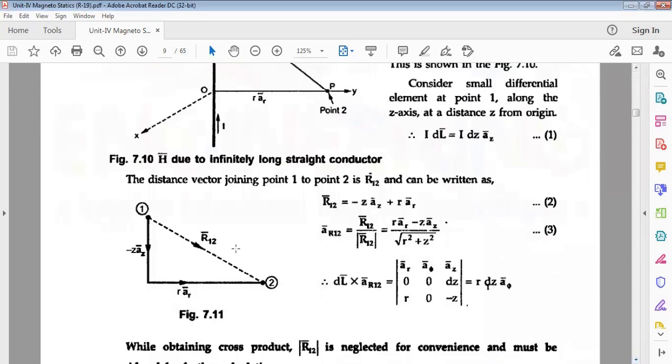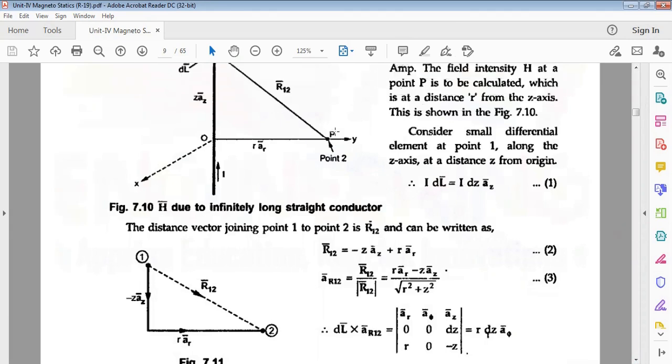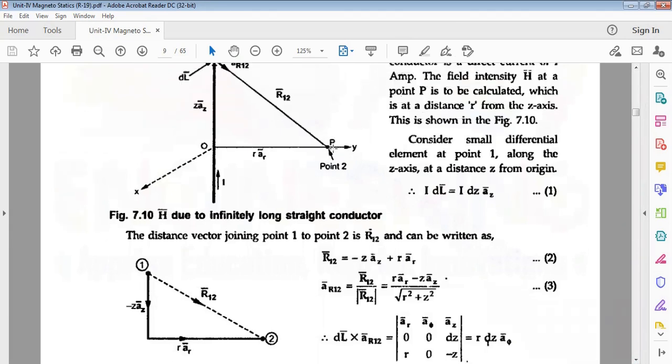So assume a right angle triangle like this, with the point P here. To find the magnetic field intensity at the point P, you get the downward direction of z into az bar and the positive direction of r, that is PR bar.